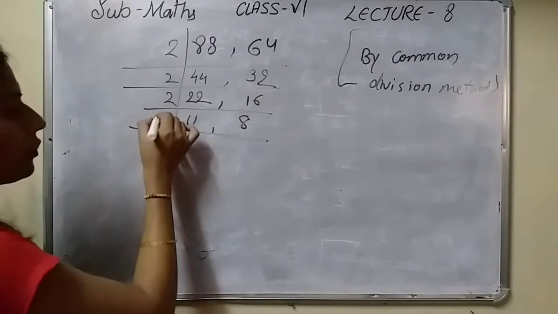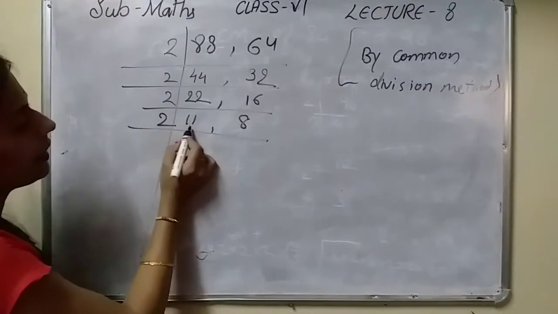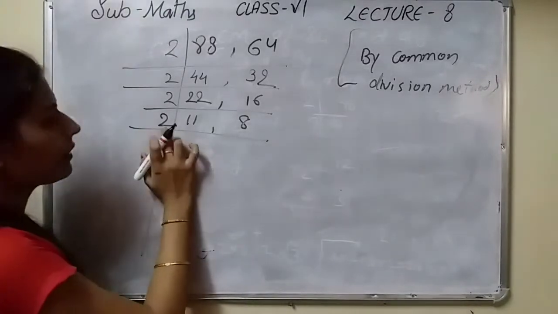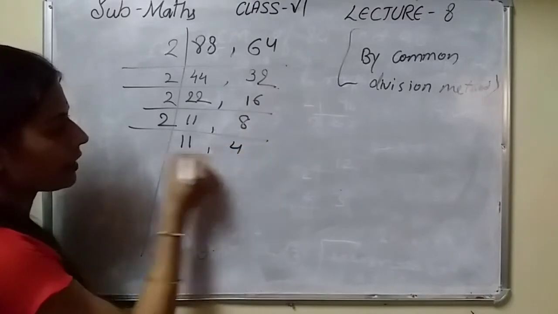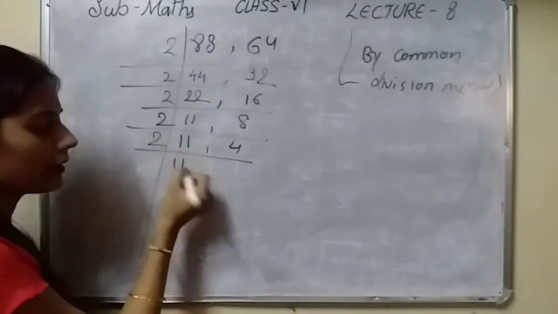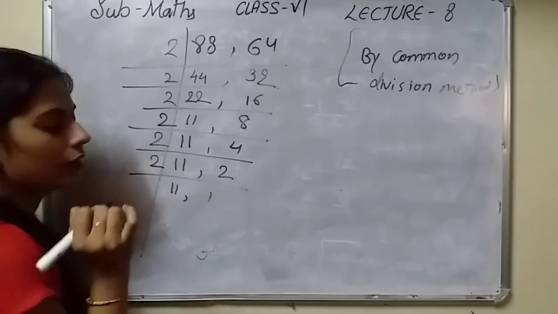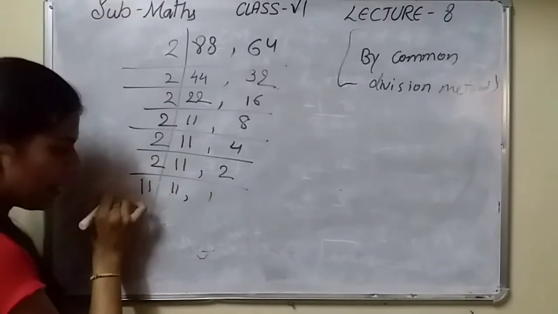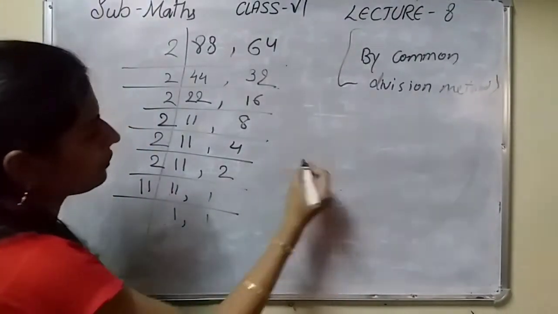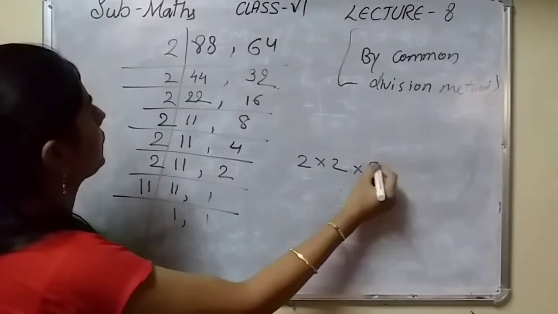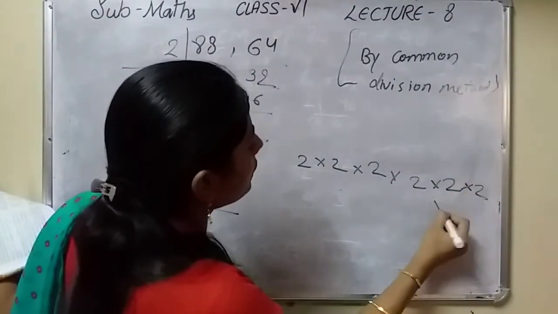Now again take it by 2, but 11 is not getting divided by 2, so write 11 as it is, but 8 is getting divided, 2 4s are 8. Again take it by 2, 11 as it is, 2 2s are 4, 2 1s are 2. Now take by 11, 1 and 1. Okay, now which are the factors you got here? 2 into 2 into 2 into 2 into 2 into 2 into 11.